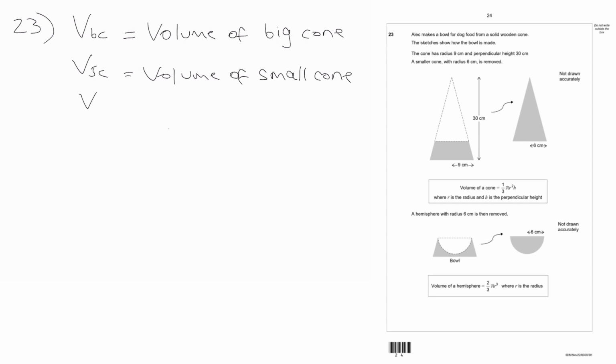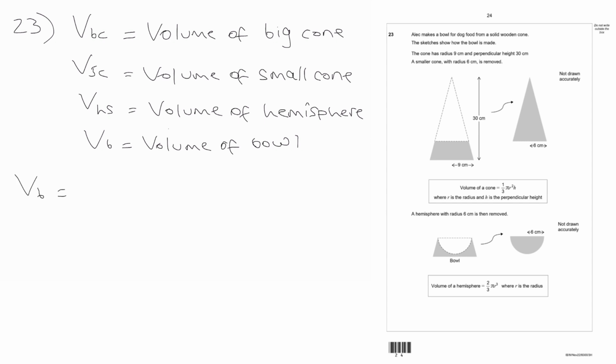Then we have V sub HS, this is the volume of the hemisphere. And V sub B, which is the volume of the bowl. And so what we can say is the volume of the bowl equals the volume of the big cone minus the volume of the small cone minus the volume of the hemisphere.